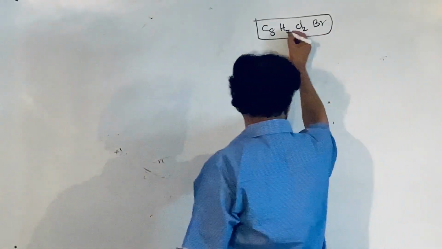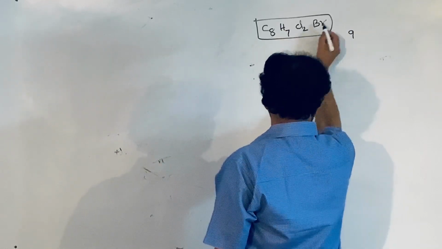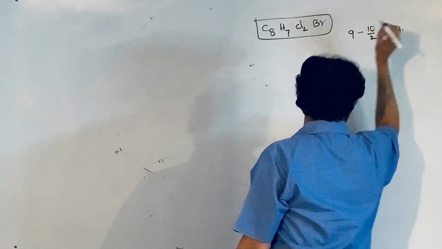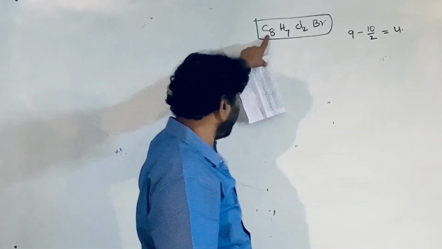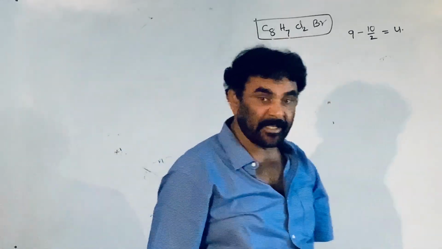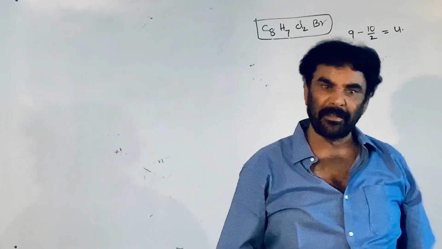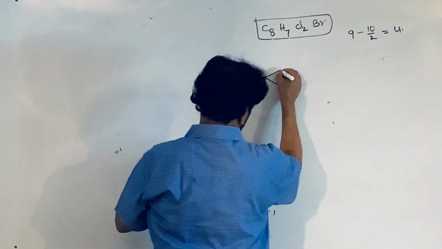So first you find out the degree of unsaturation: 2C plus 2, 16 plus 2 minus 10, divided by 2, is 4. Degree of unsaturation is 4. Carbons are 8, carbon hydrogen ratio is nearly 1:1, so there is a benzene ring. Therefore, there must be a phenyl group.